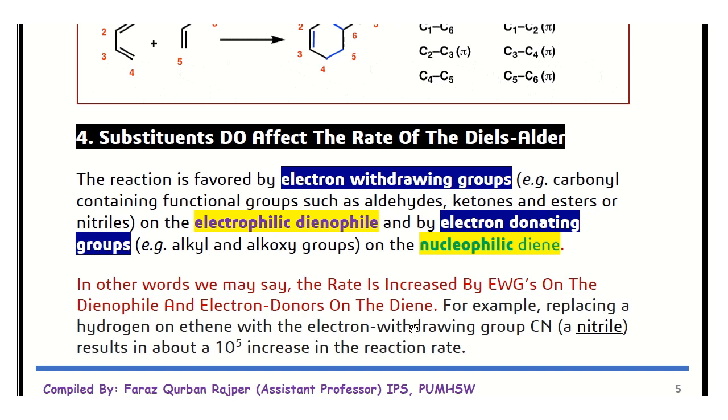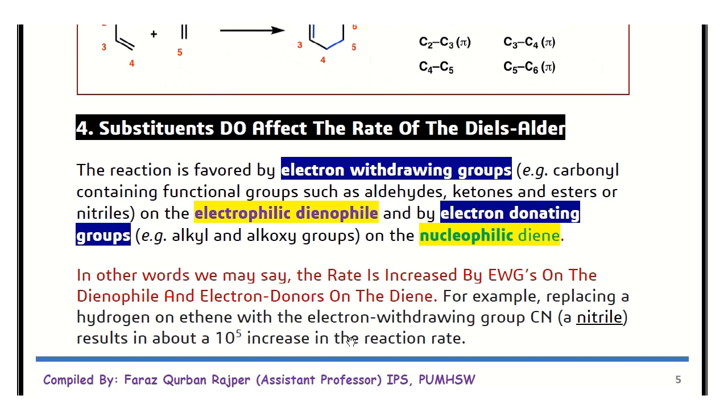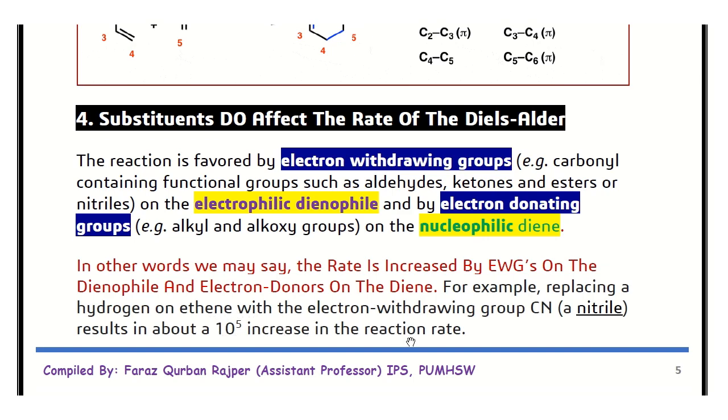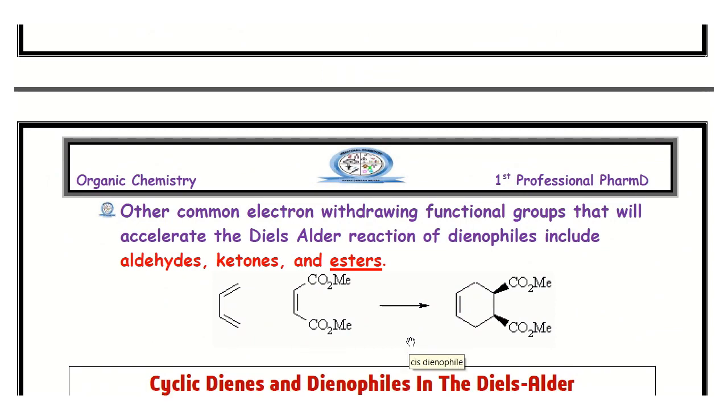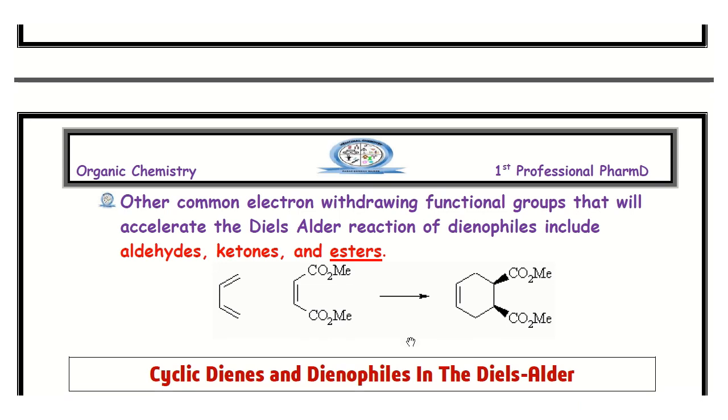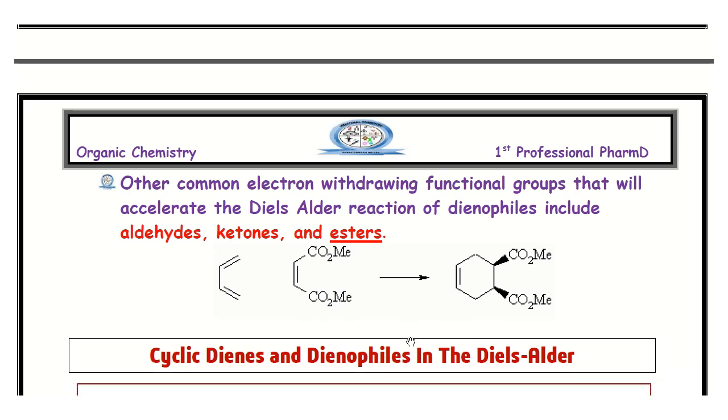For example, if we substitute one of the hydrogens in ethene with an electron withdrawing group, say cyanide, in our dienophile, then the rate of reaction will be enhanced by 10 to the power 5 times. So let's observe other electron withdrawing functional groups that can accelerate the rate of reaction when substituted in the dienophile.